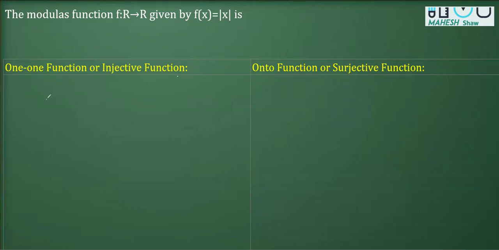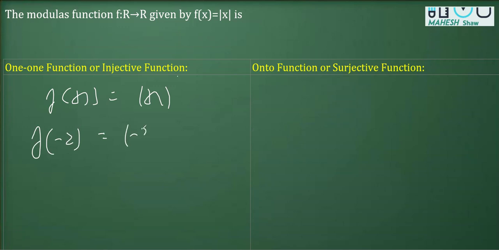For that, let me write down the function f(x) being mod x. So clearly, if I place -2, what are we getting? Mod of -2, which is 2. Now, what if I place x as 2 here? What do we get? Mod of 2, which is again 2.